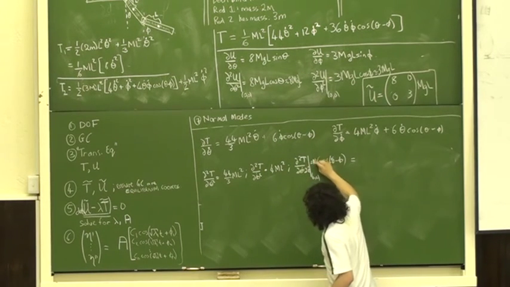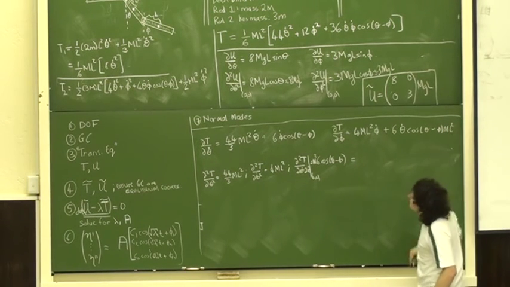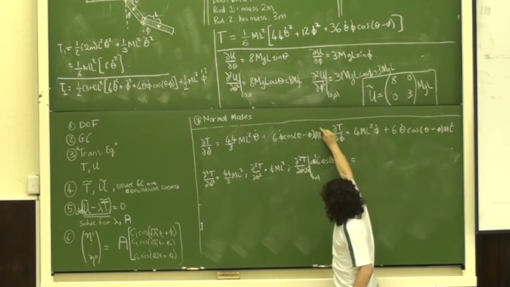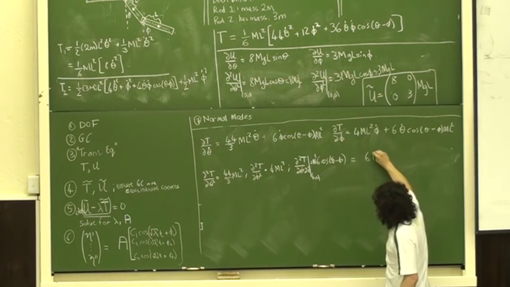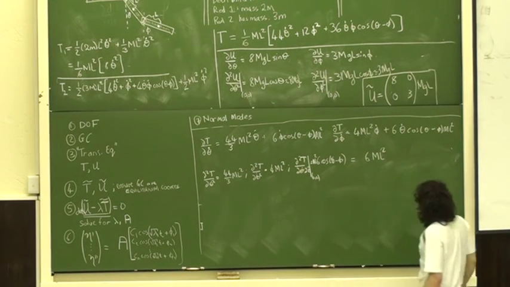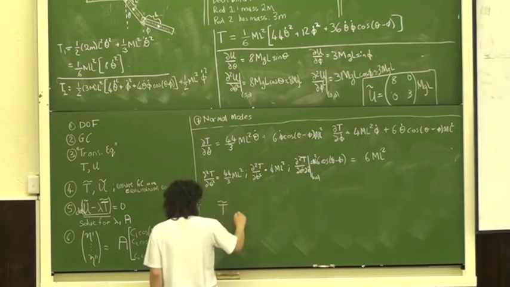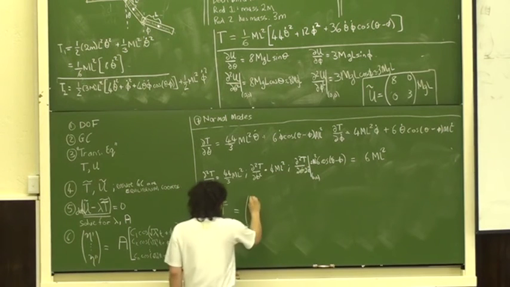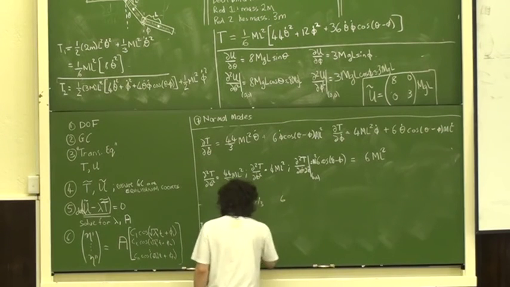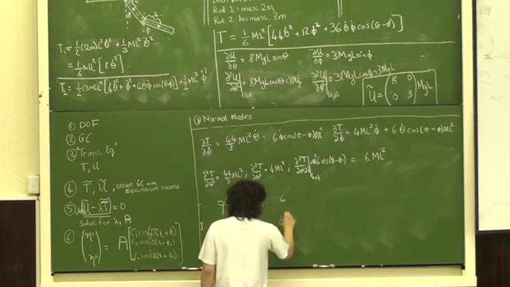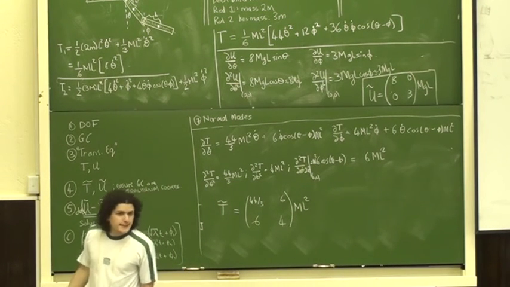So the Hessian matrix T total looks like 44 over 3, 6, 6, 4.